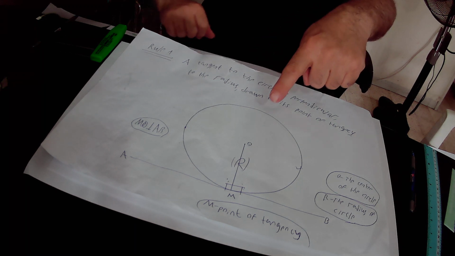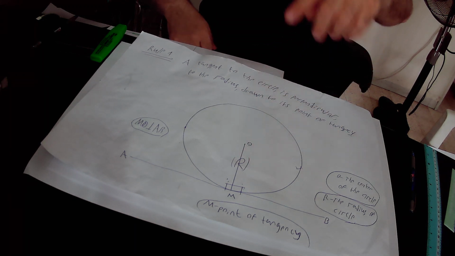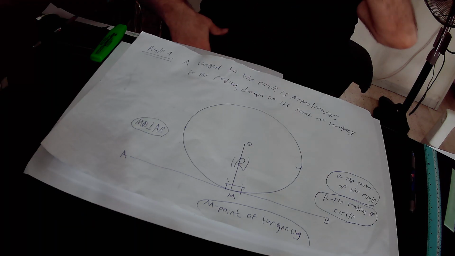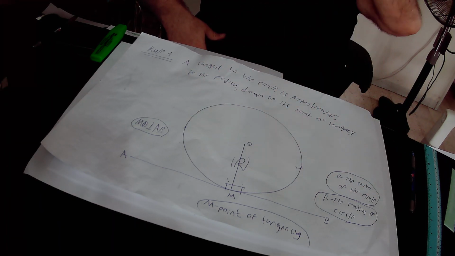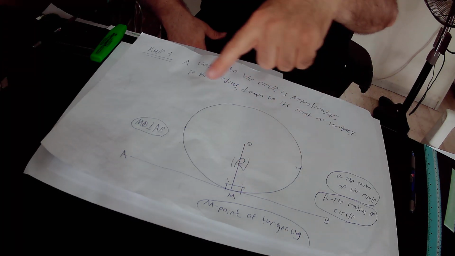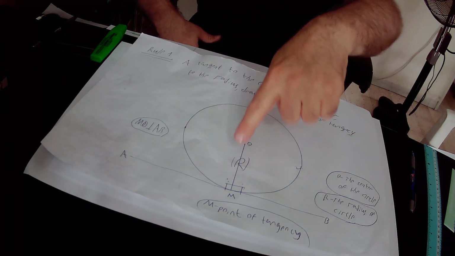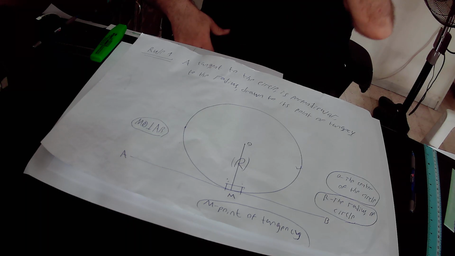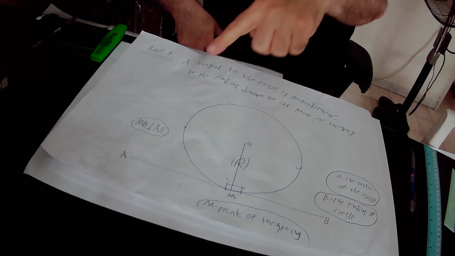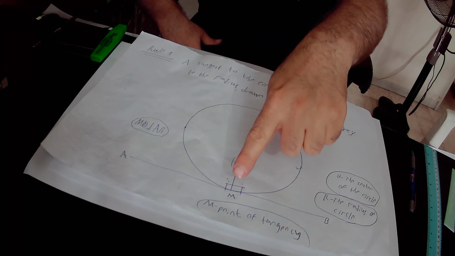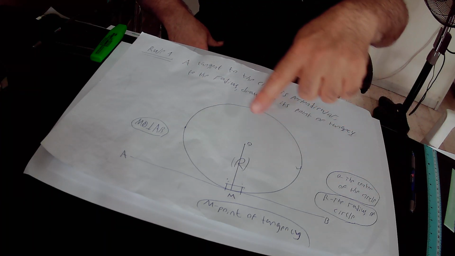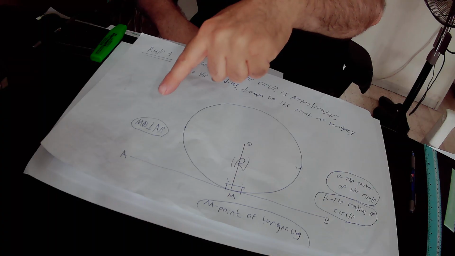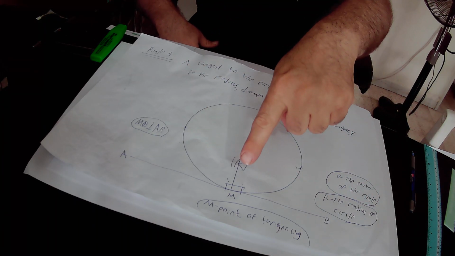So here we have the radius OM that is equal to R. We have a circle, and we have line segment AB that is perpendicular to the radius MO. Therefore, according to rule 1, whenever you have a line segment that is perpendicular to the radius, then this line segment must be defined as a tangent. So we have here tangent AB perpendicular to the radius MO.